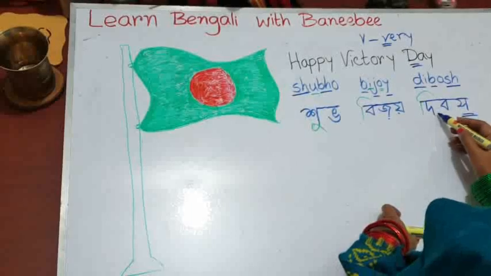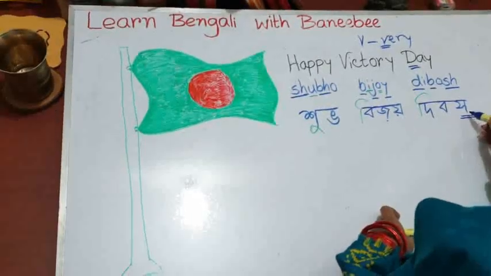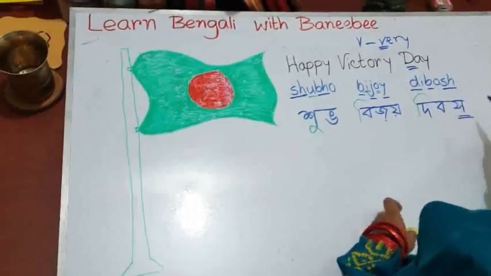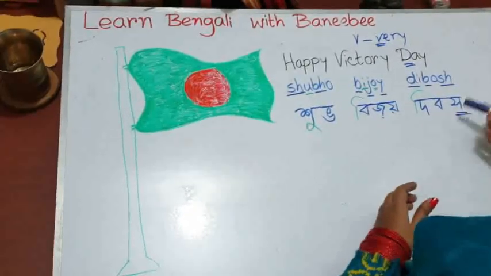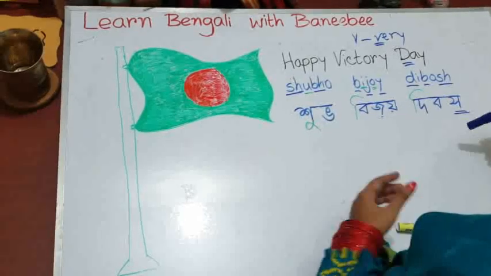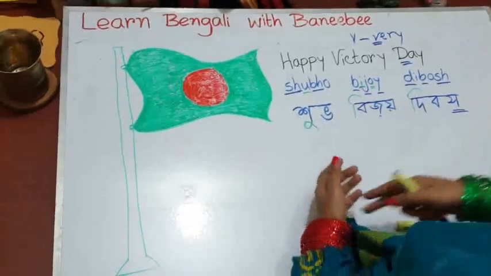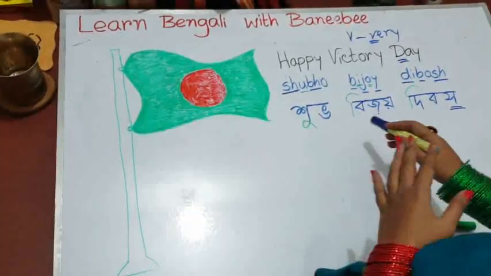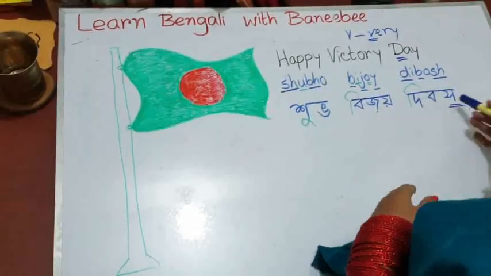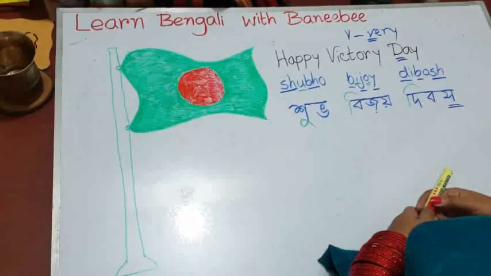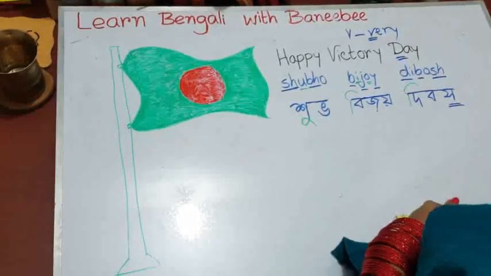So that's why it is not dibosha, it is dibosh, because it's the last one. Usually the last one loses the o ending, right? So that was the last rule, that the last letter loses the o ending. So now probably we know how to write Shubho Bijoy Dibosh, which means Happy Victory Day.